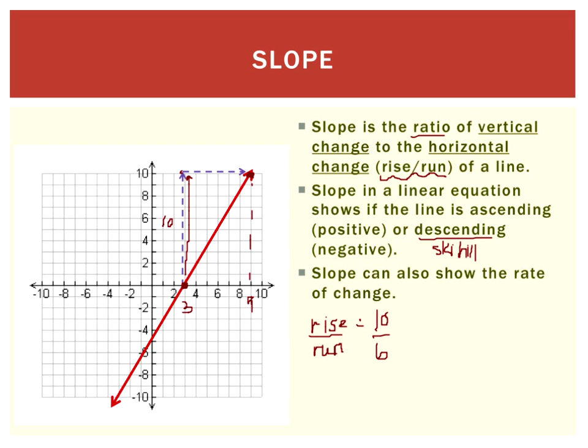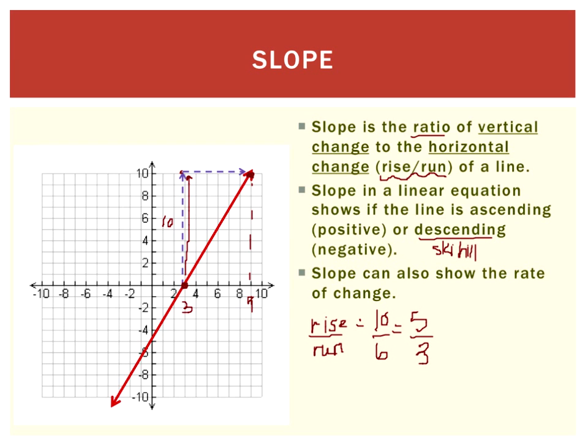So visually, by picking out 2 points on this line, we can see that we have a rise of 10 units and a run of 6 units, which is our slope. However, we'd probably want to reduce this into its smallest improper fraction, which would mean 5 over 3 would be our slope.